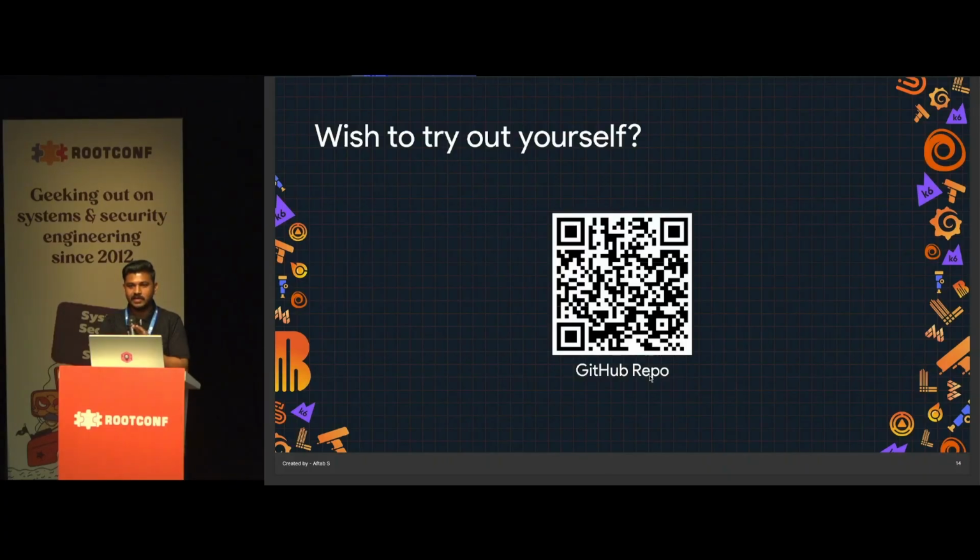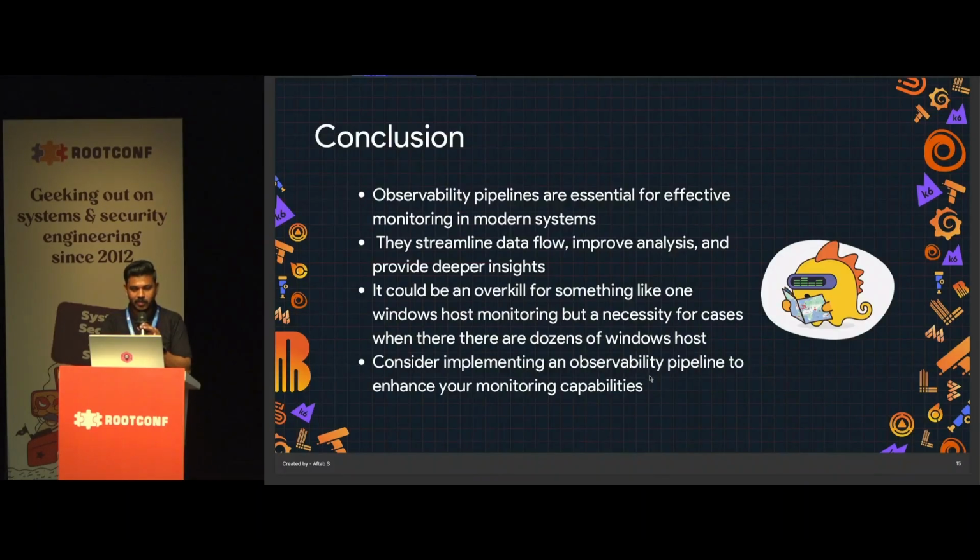Okay, so that's basically it from my side. The conclusion is that it is essential in a way. But for home labbers like me, I'm not sure it is a requirement, because I'm not going to use an observability pipeline to monitor my Windows machine or my Linux machine.